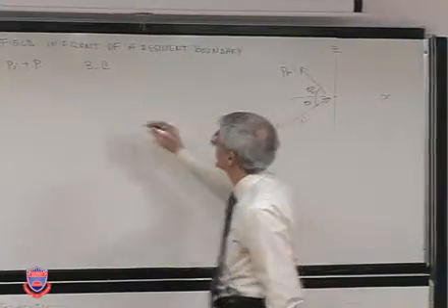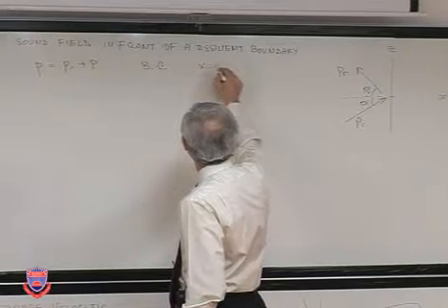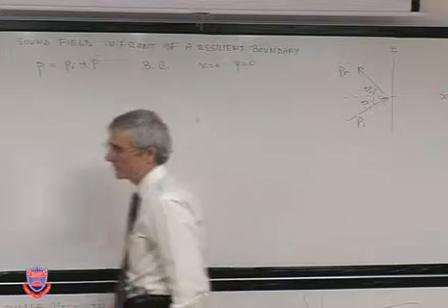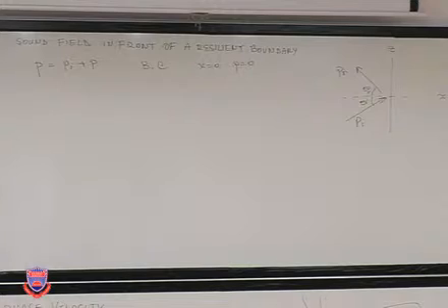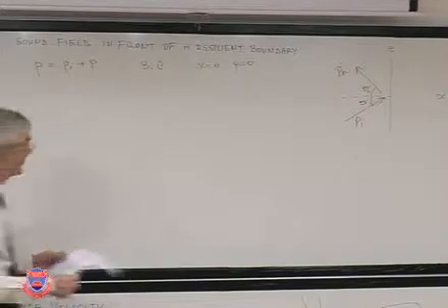Pressure is zero where? At x equals 0, pressure is equal to 0. And once again, that gives us a very similar result as before.